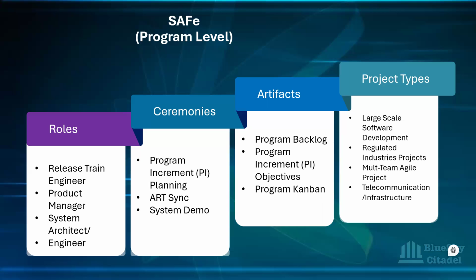And then you have multiple team projects. Like we said, SAFe deals with more than one team. We're not talking about one Scrum team or one Kanban team. I gave an example of maybe 5, 6, or 7 agile teams working on different components in order to synchronize things together. Those are the projects that are suited for SAFe.